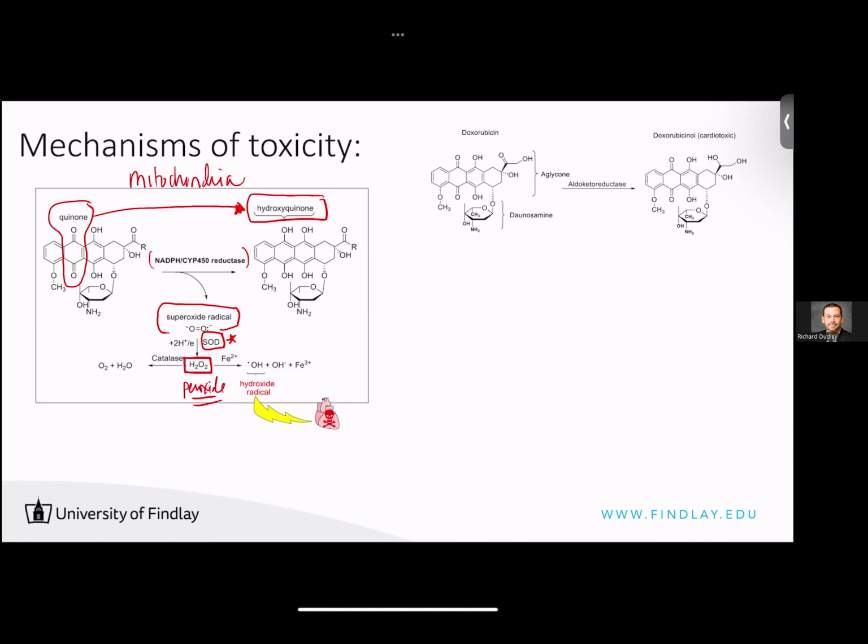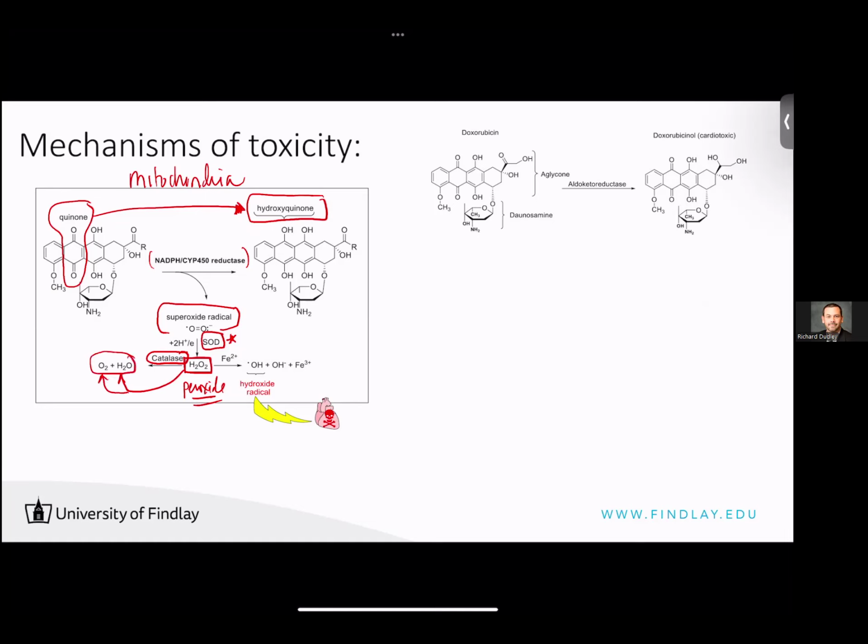Now, peroxide by itself carries with it liabilities. It's dangerous because if it comes apart, it can generate radicals. However, guess what? Our cells have an enzyme called catalase, and catalase is responsible for converting hydrogen peroxide into oxygen and water.